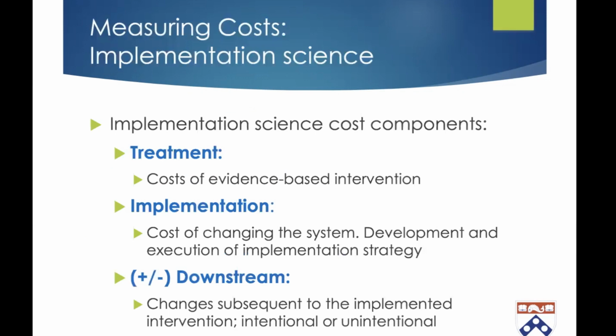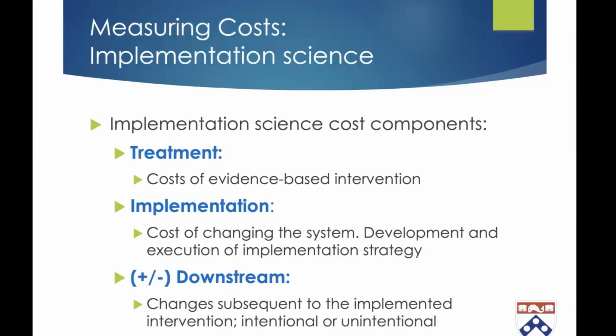So in implementation science, it's a little different from just regular effectiveness RCTs, in that there are a couple different areas of cost. You have your treatment, which is the evidence-based intervention that you're studying. But you also have the implementation cost. And this is the cost of changing the system, of developing and executing your implementation strategy.